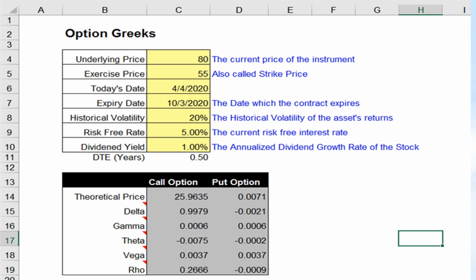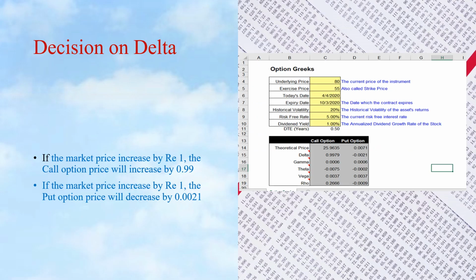Then they have given the delta. So what inference can we take from delta here? The delta shows 0.99, which means that if the market price increases by rupee 1, then the call option price will increase by 0.99, somewhat slower.